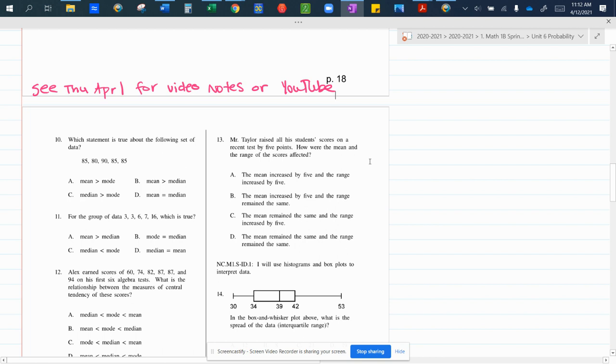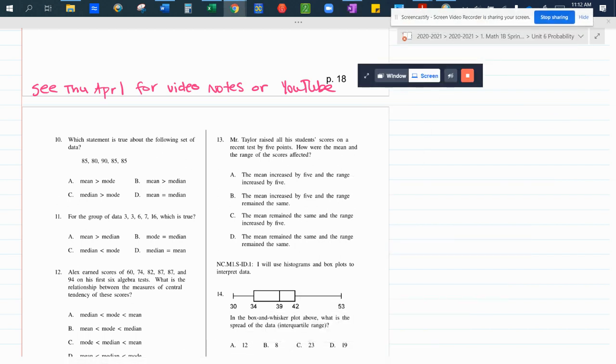So for number 10, looking at this data set.